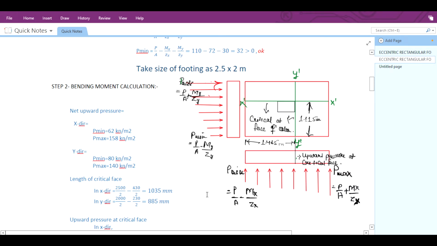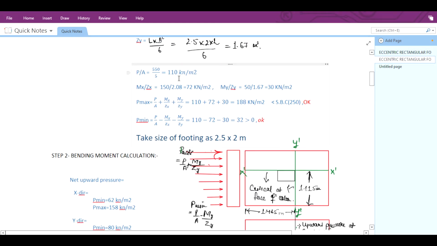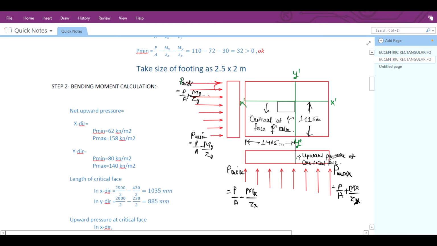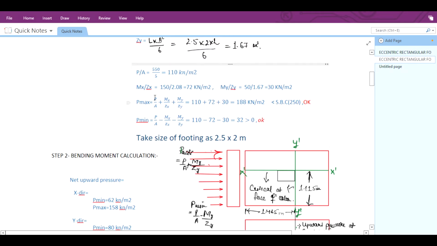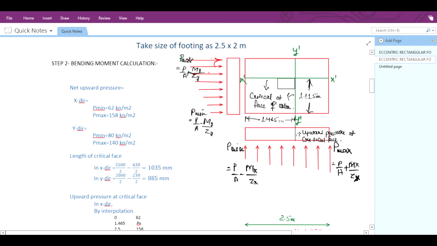If you put this formula, P by A is 110, and Mx by Zx is 72. If you subtract 110 minus 72, it will come as 62 kilonewton per meter square. Similarly, you can calculate P max, that is P by A plus Mx by Zx. This is the formula used for x direction.